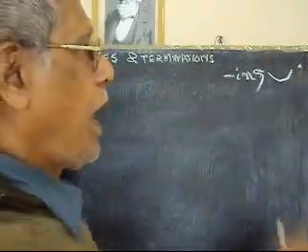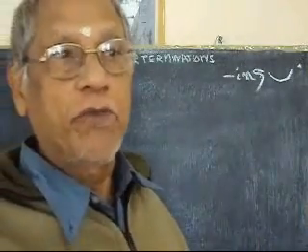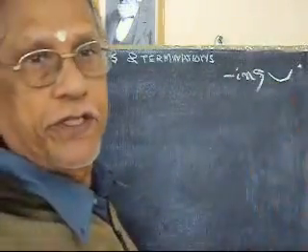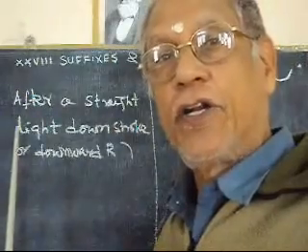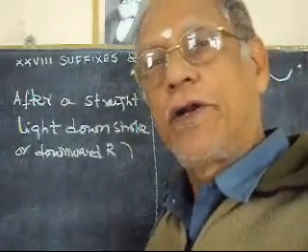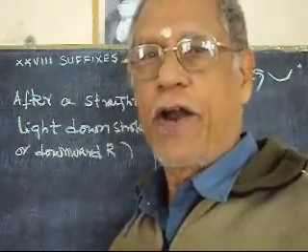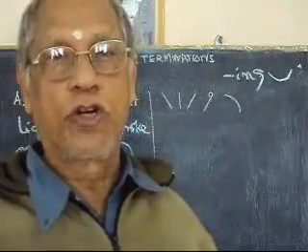Once an alternative form is created, we have to make rules for when to use this dotting and when the stroke should be used. After a straight light downstroke or downward R, you can use dotting. What are the light straight downstrokes?